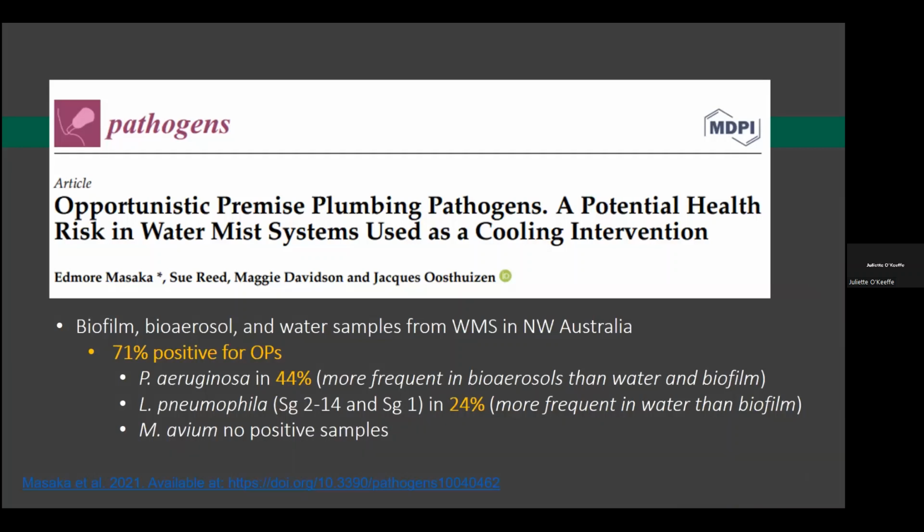Legionella pneumophila was also in about a quarter of these samples. Good result that there was no NTM species detected in this study. But this does show us that these systems can be colonized by opportunistic pathogens. So they are there, they are aerosolized, there's potential for exposure. So we need to pay attention to how we're using these systems and maintaining them.